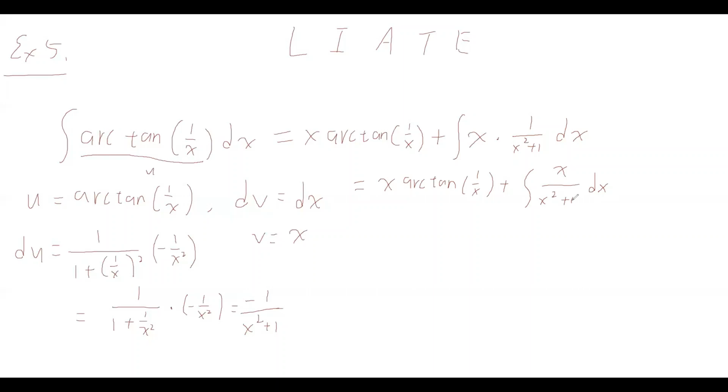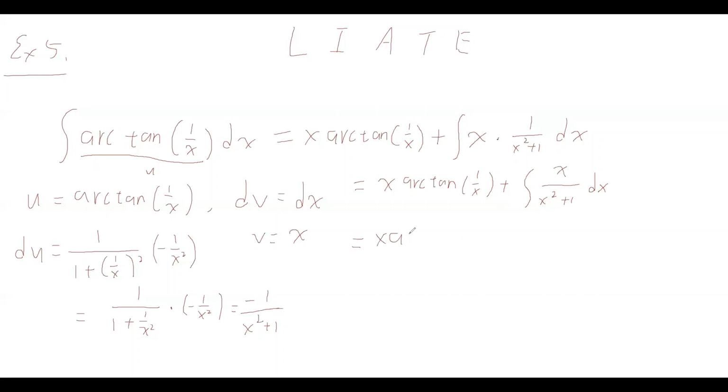All right, so how do we integrate this? We have a denominator with one higher power than the numerator. Usually if you have one higher power in the denominator, that suggests it's something of log. So if you push it down here and then take the chain rule, you get 2x on top. Well, now we're just missing the 2, so that's nice. Here we go.